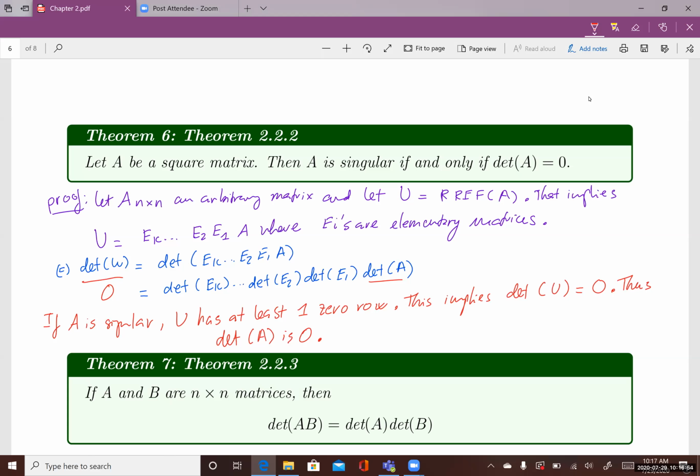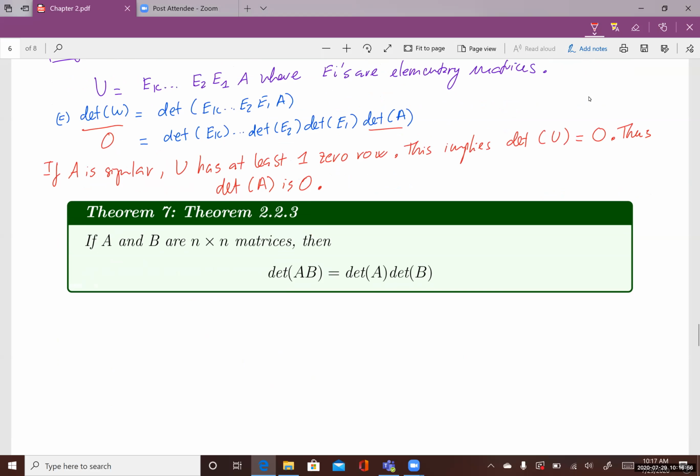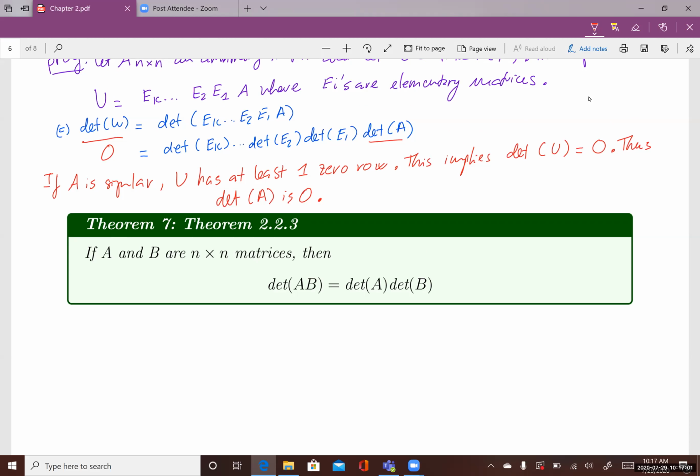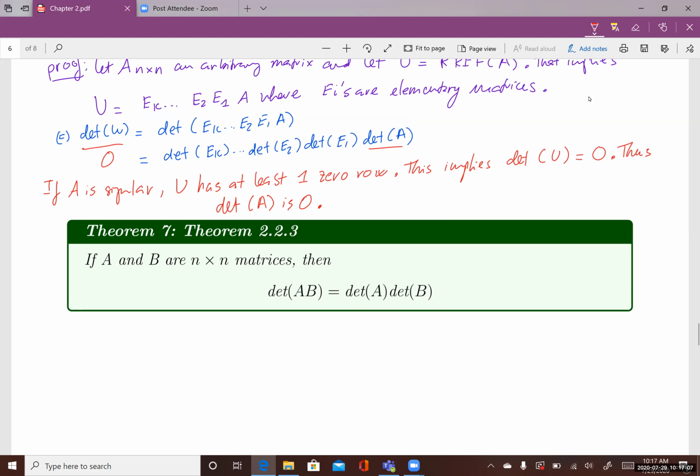All right, and then we go to the next theorem: the determinant of A times B equals the determinant of A times the determinant of B. Again, we want to show this. Let's first show the case that B is singular. If B is singular, then A times B is also singular.